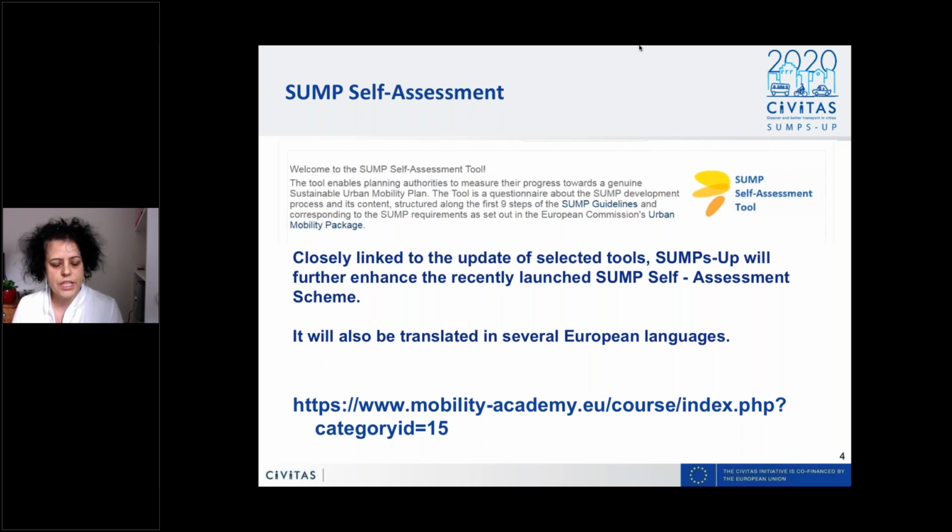Sometimes we have received feedback from cities that it's a bit too long, and that the simple yes and no questions sometimes could make it difficult for the cities to choose an answer. You can see at the bottom of my slide the link you can access to see the old self-assessment scheme, and once the new one is launched, you will also be informed about this.